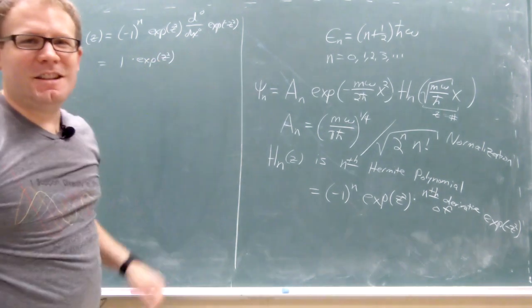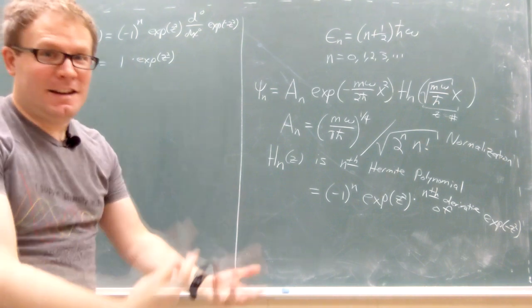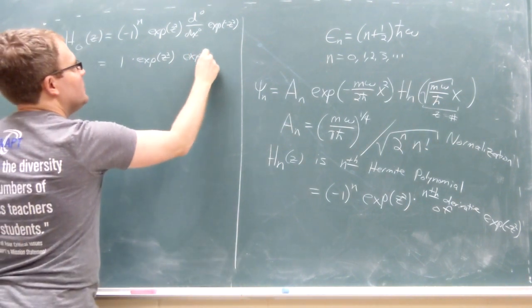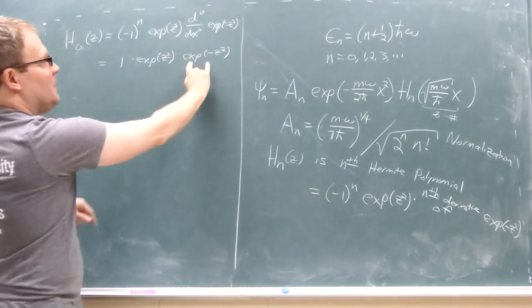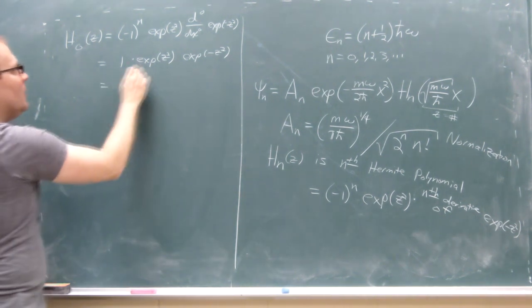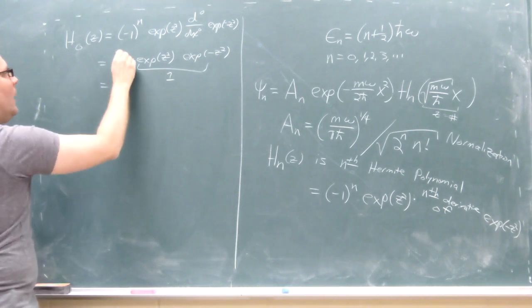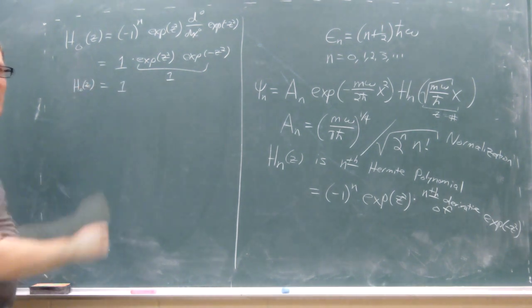And you say, what is the 0th derivative? Well, if you take 0 derivatives of a function, you haven't done anything to it, so it is the original function. So this is just exponential of -z squared again. You have a thing times that thing to the -1 power, so these two cancel, giving you 1. You're left with just 1 times 1 equals 1. So your H0 of z is 1.